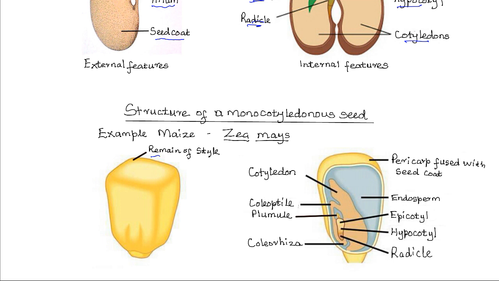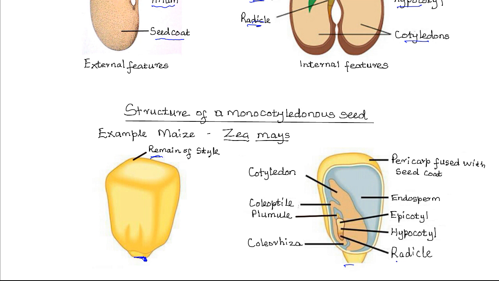So externally, you can see there's a small protrusion there that represents the remains of the style. And then there'll be a scar that represents a point of attachment to the fruit wall. Now, internal features are shown here.